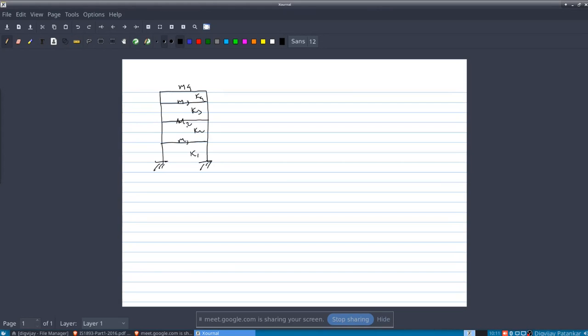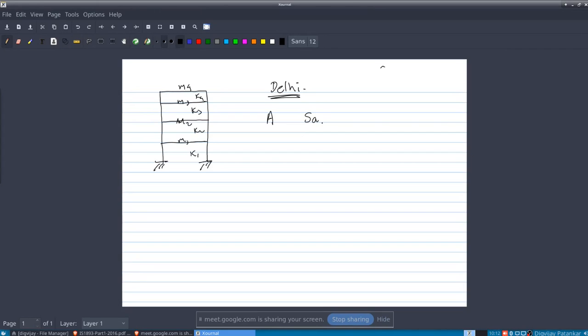The main aim of the equivalent static method is this: suppose this building is going to be designed in a particular location, say Delhi. Then what is the spectral acceleration, Sa, the pseudo spectral acceleration, that the building is expected to experience as a single degree of freedom system?